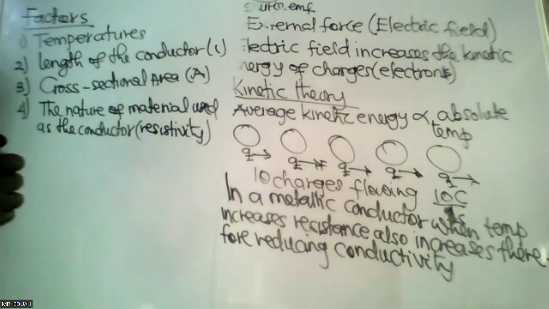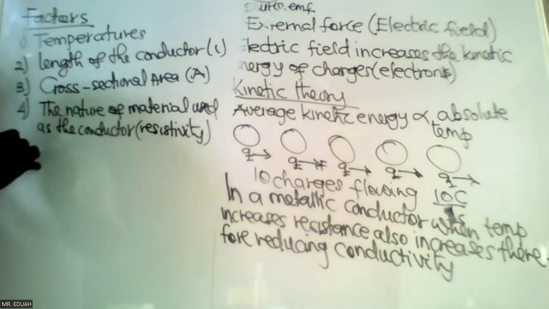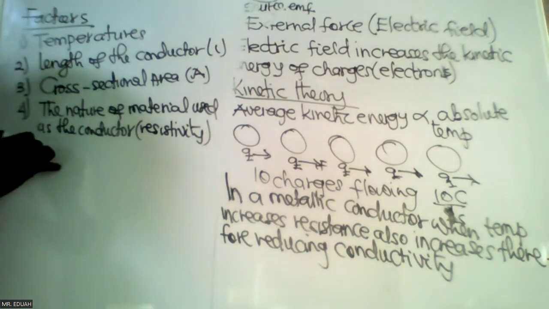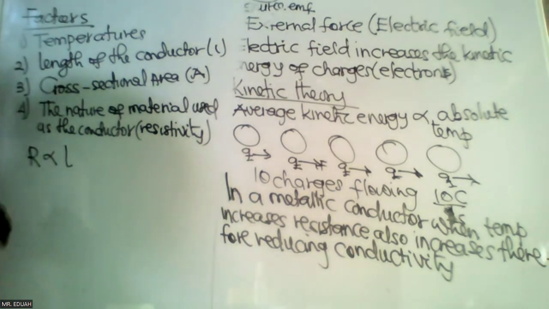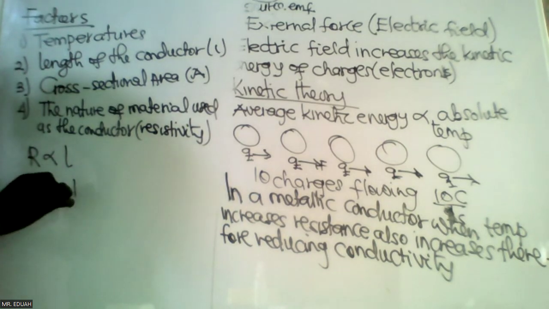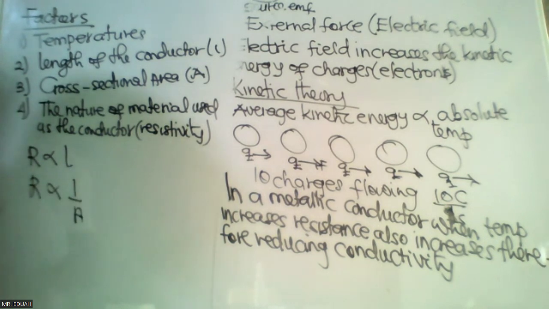So when you put these together, we have resistance R directly proportional to the length, resistance R inversely proportional to the cross-sectional area.